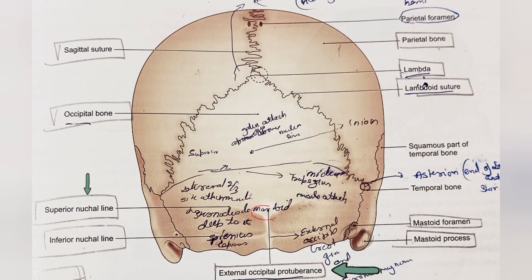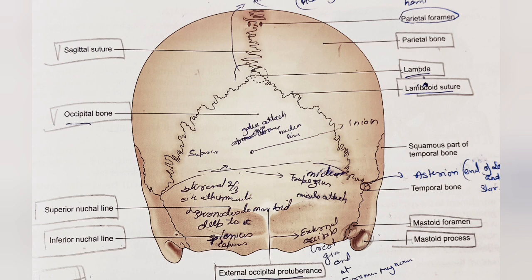As you can see in this diagram, this is the posterior aspect of the skull and there is the external occipital protuberance, and there are the superior nuchal lines and the inferior nuchal lines. The external occipital protuberance as well as the superior nuchal lines both mark the end of the scalp posteriorly.